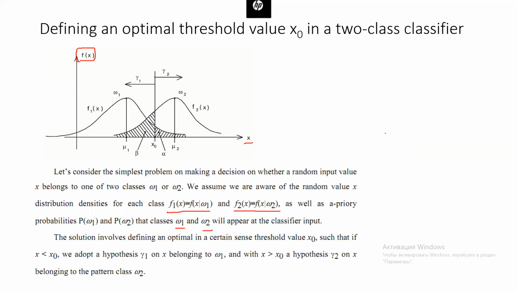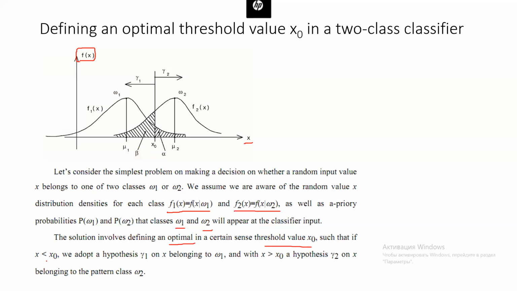And for example, you have more female patients than males. So it means that the probability that the input value will be from class 1, the female class, will be higher than the probability that the input value will be from the male class.